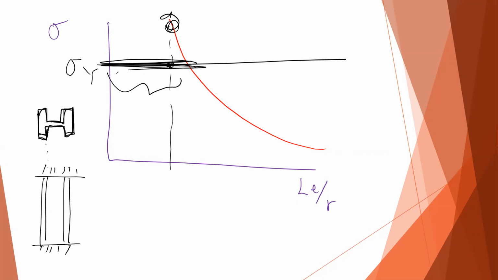This member has properties of area equals 14.7 inches squared, moment of inertia I is equal to 56.3 inches to the fourth, and the yield stress, sigma Y, is equal to 50 ksi.